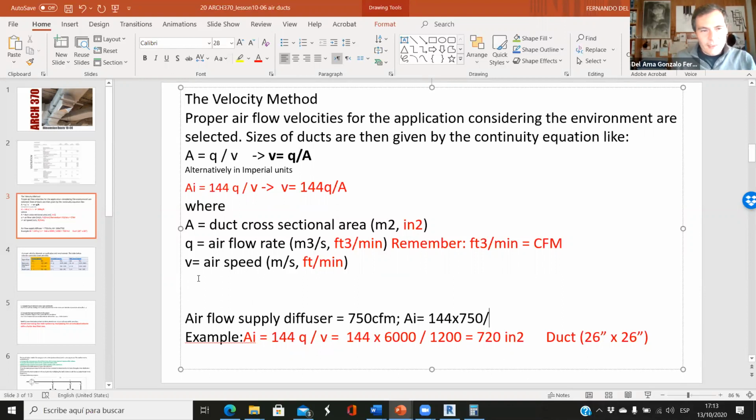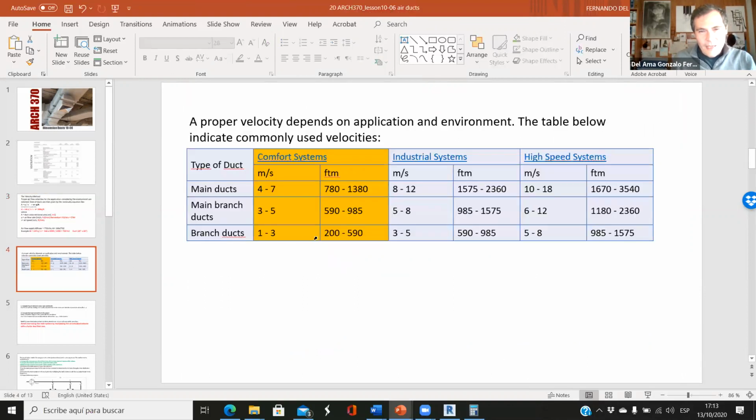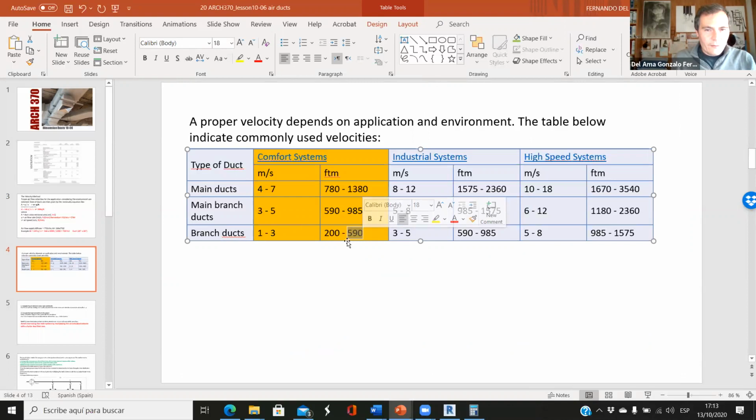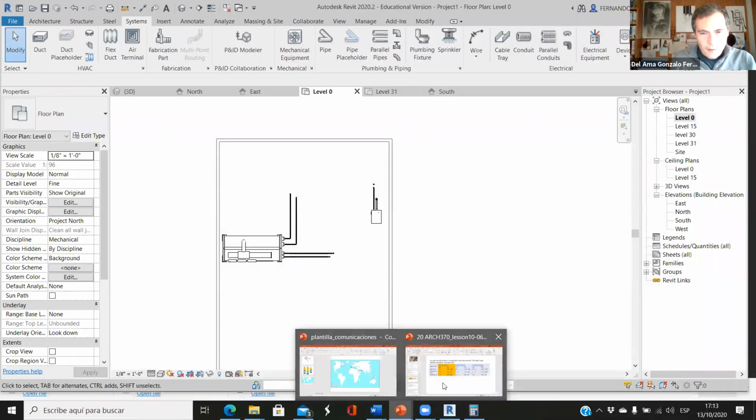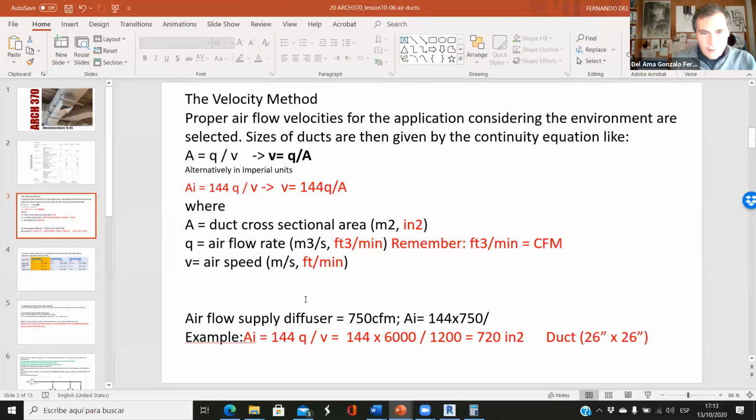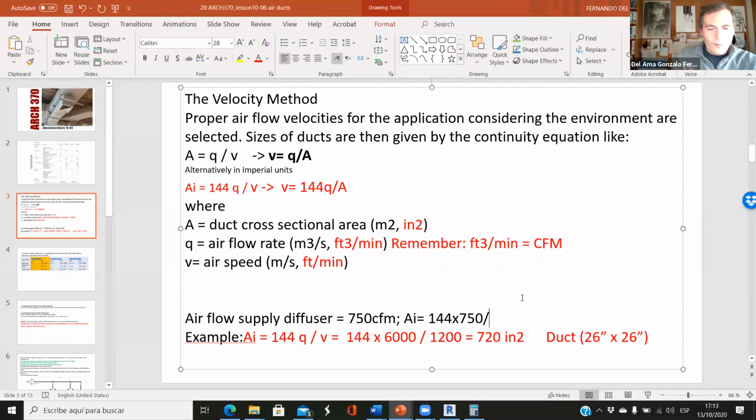And what is the velocity? The velocity for the branch ducts has to be between 200 and 600. So let's make it 400, for example. So this is divided by 400.